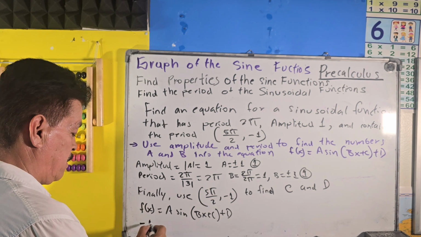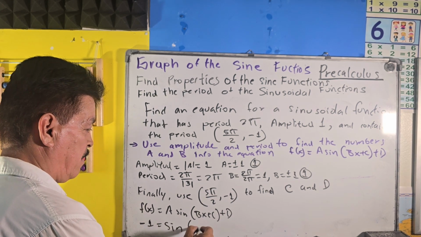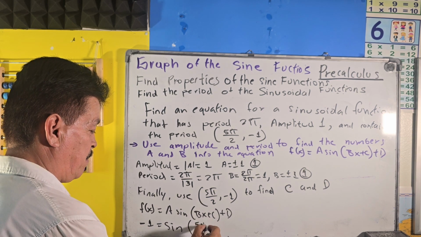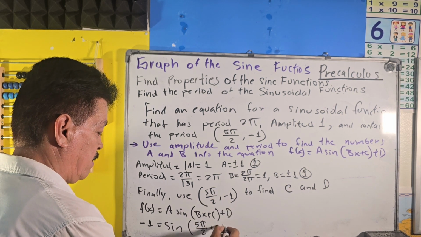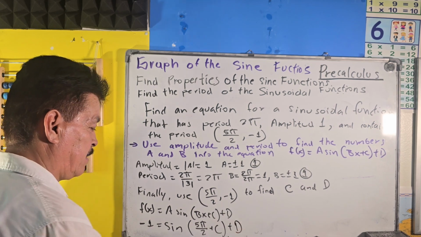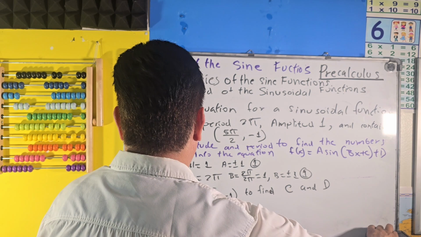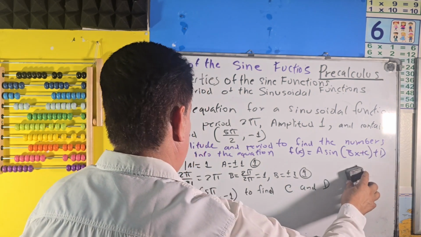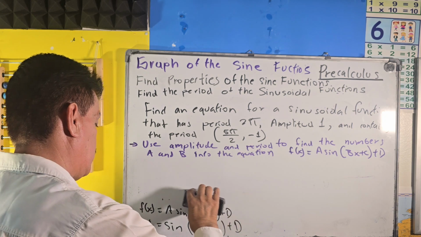Negative 1 equals sine times 5 pi divided by 2 plus c plus d. That's the formula, okay? So here I will erase all this data. I don't need it.